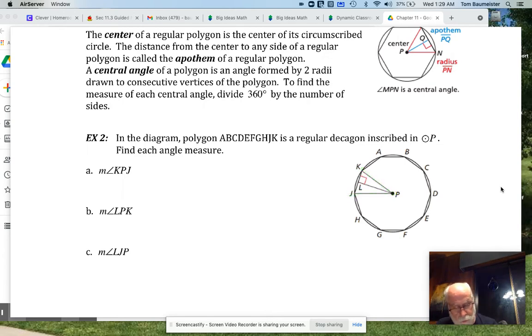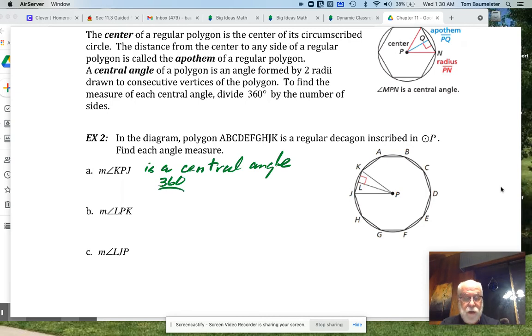So we know that's going to make it be a central angle. So KPJ is a central angle. So we're going to take our 360 and divide it by the number of sides. Remember, a decagon is 10-sided. If you don't remember, you can just go ahead and count them. And that would give us 36 degrees.